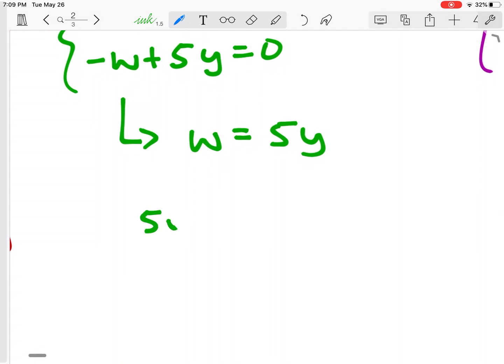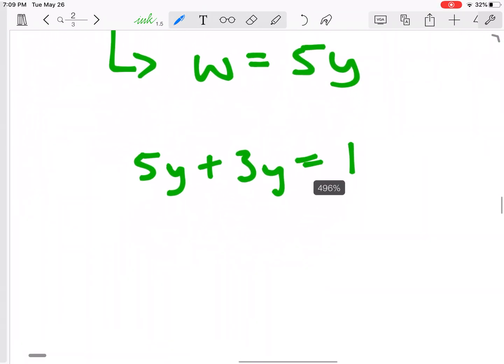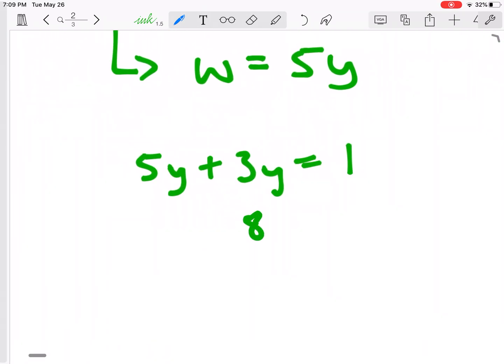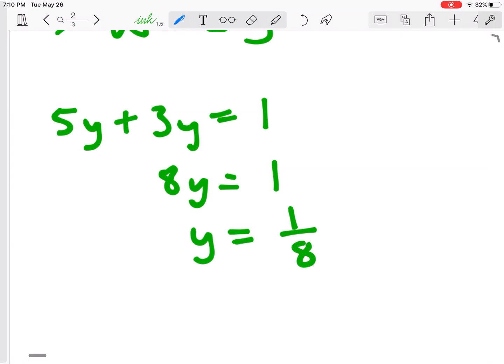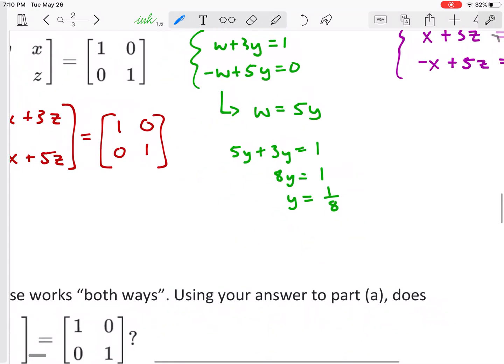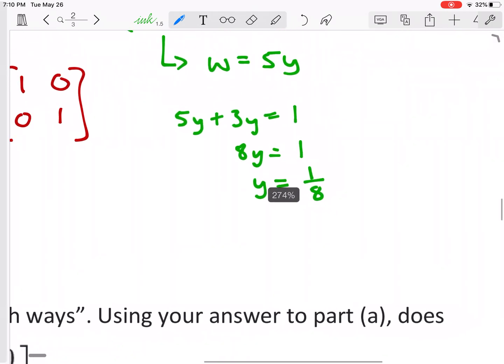We'll have 5y plus 3y equals 1. That gives us 8y by combining like terms equals 1. Multiply both sides by 1/8 or divide by 8 and you get 1/8. So y is 1/8.